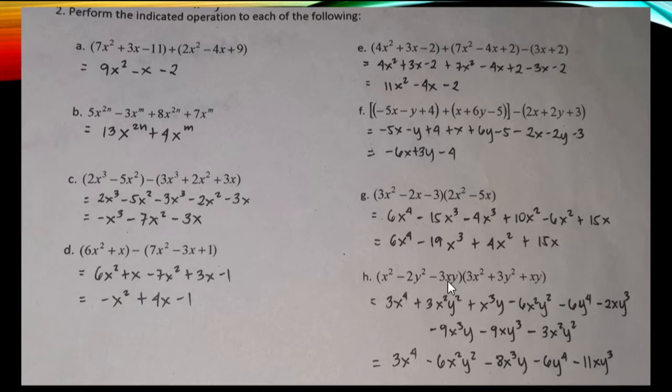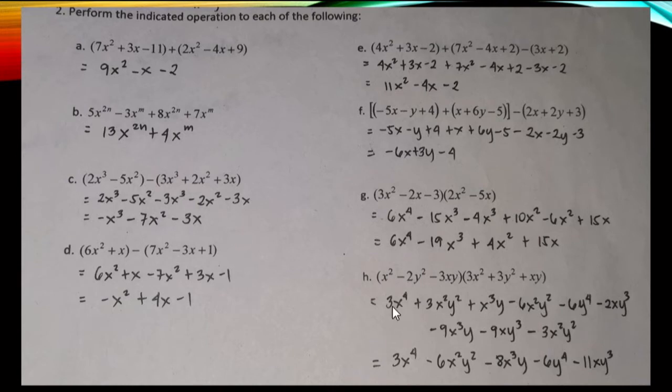Then the last term, negative 3xy times 3x squared is negative 9x cubed y. Then negative 3xy times 3y squared is negative 9xy cubed. And the last, negative 3xy times xy is negative 3x squared y squared.